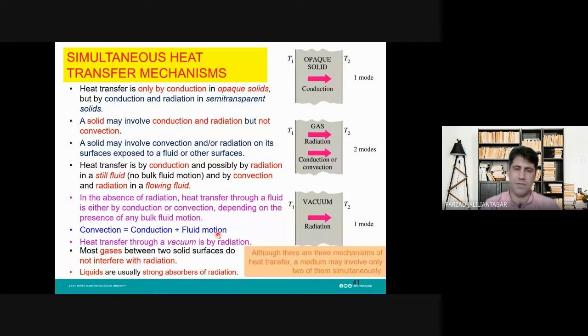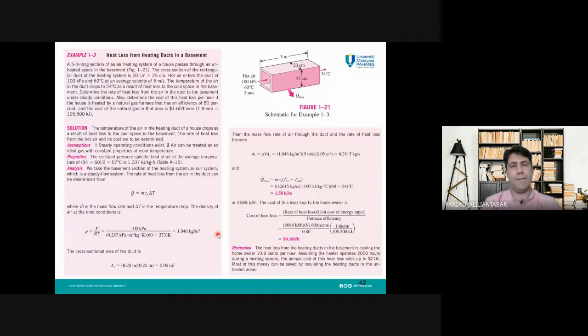I hope it is clear. Okay, almost finished the explanation about the first chapter. Now I'm going to show you two examples related to the whole chapter, not radiation actually.